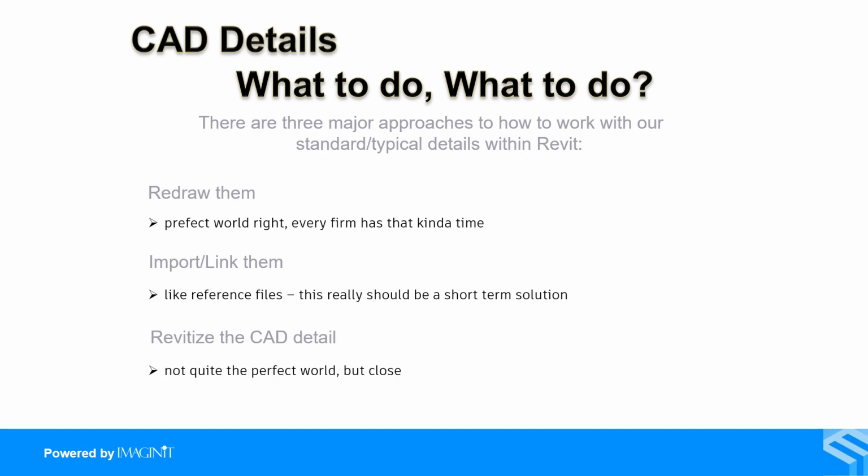It's not quite the perfect world, but it's close. And these two processes is that you bring it into, let's say, a drafting view, and we trace over it, just like you would if you created a design in AutoCAD, and then you bring it into Revit, and then you recreate the floor plan by using your pick line tool. Okay, we'll take a look at that.